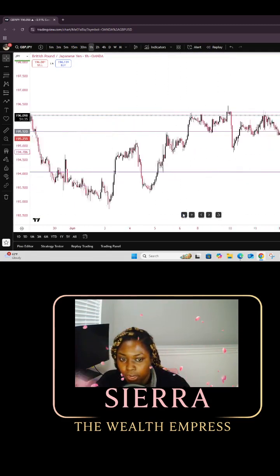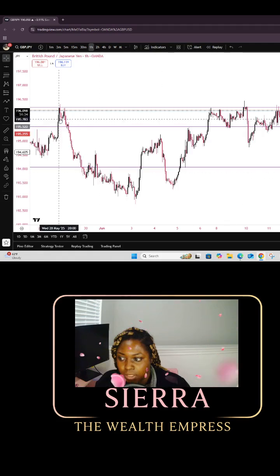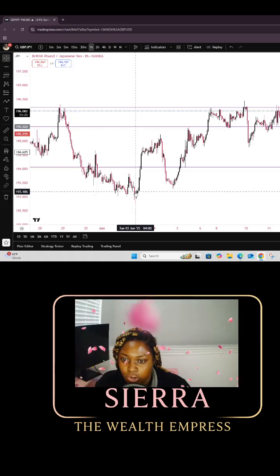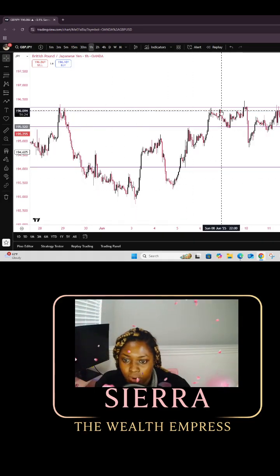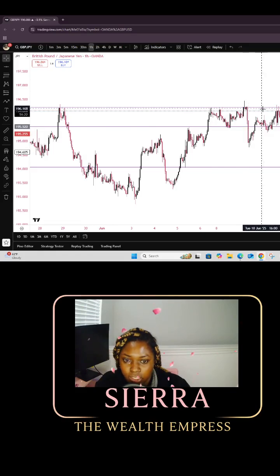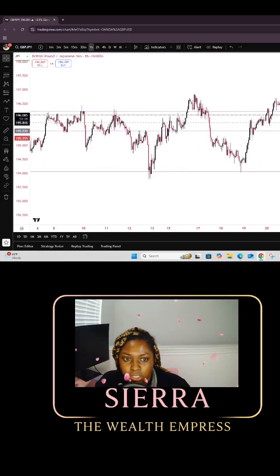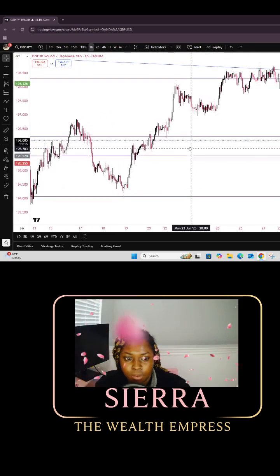If we come back over here to where price hit it a couple of times, we didn't get any consolidation, but we did get a nice little sell and then a lower high and then price drop. But then over here we got some kind of consolidation. We got a little more consolidation. Okay. So wait.